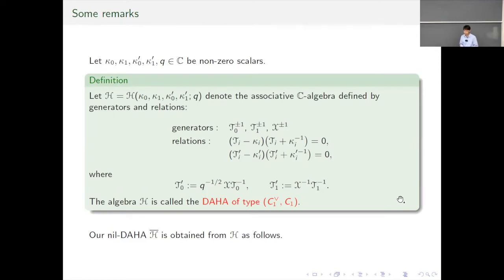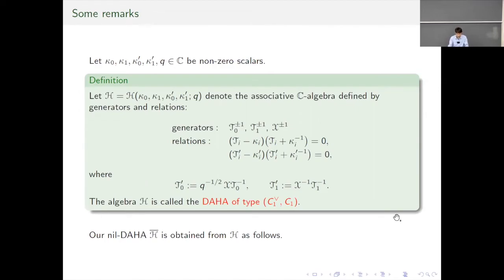So anyway, I just recall the ordinary DAHA of type C1, check C1. Generators T naught plus minus, T1 plus minus, and X plus minus. And we have these relations where T naught prime is Q minus 1/2 X T naught inverse, and T1 prime is X inverse T1 inverse.